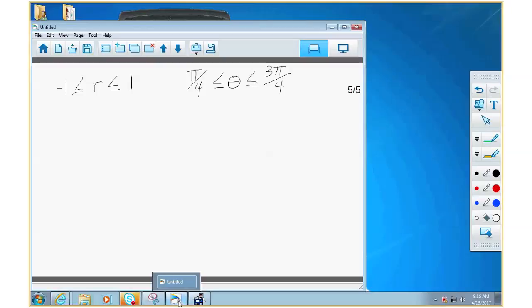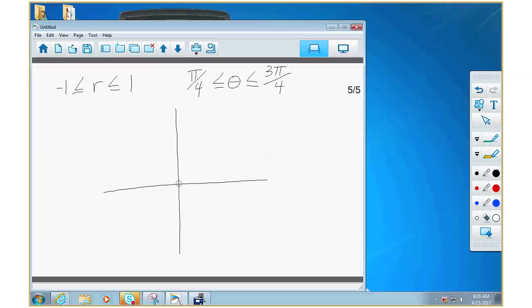So what kind of shape did you come up with? Okay, the top is an arc and the bottom is an arc. It should be like an hourglass. What do you do first, the magnitude or the direction? The direction. What's pi over 4? 45 degrees.